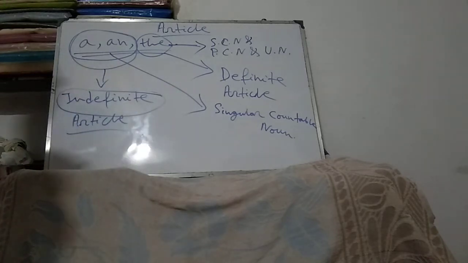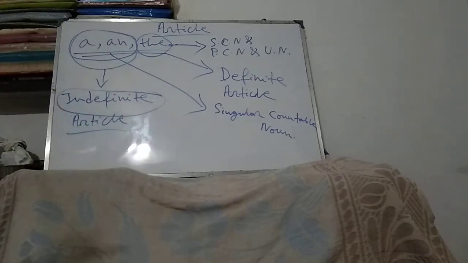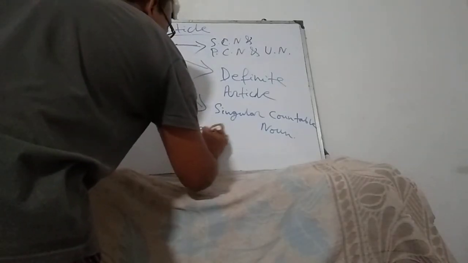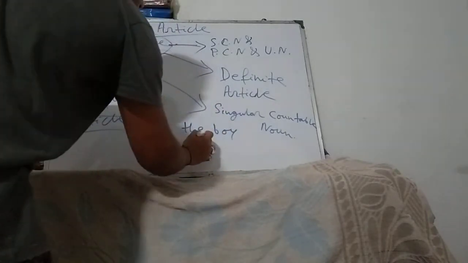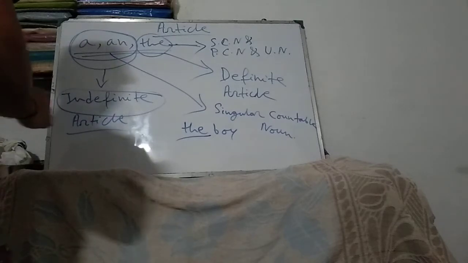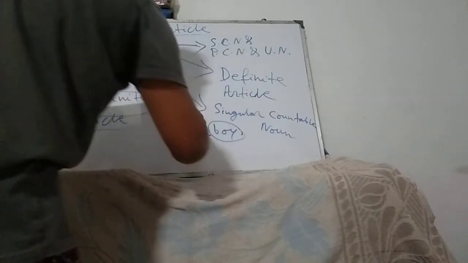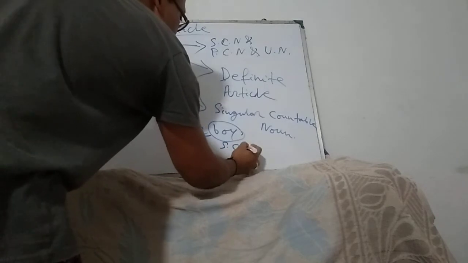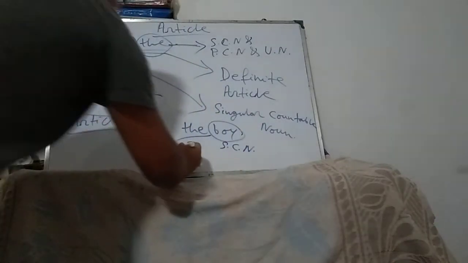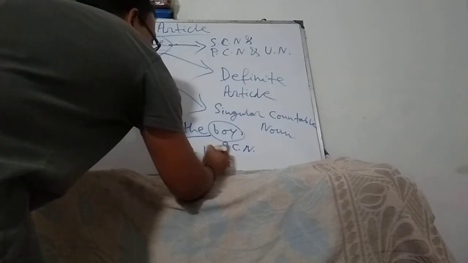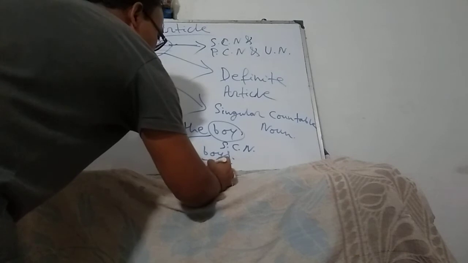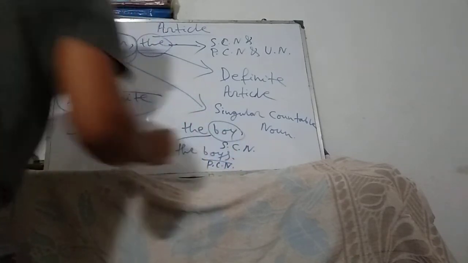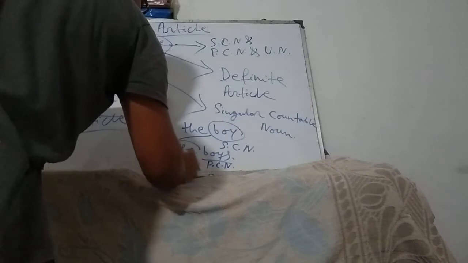We can say the boy. Here the is used before boy and boy is a singular countable noun. We can also say the boys. Boys is plural countable noun and the is used here.